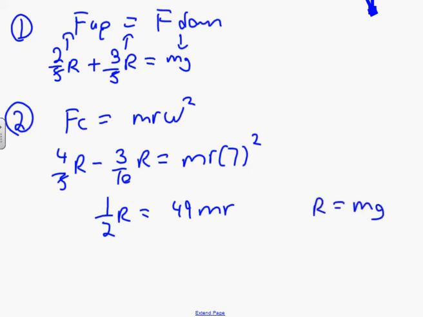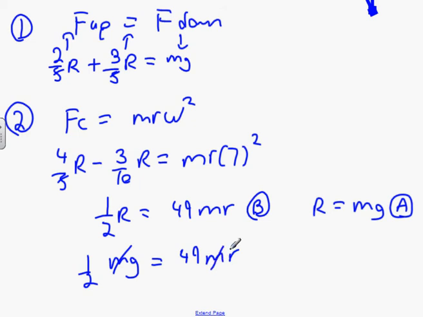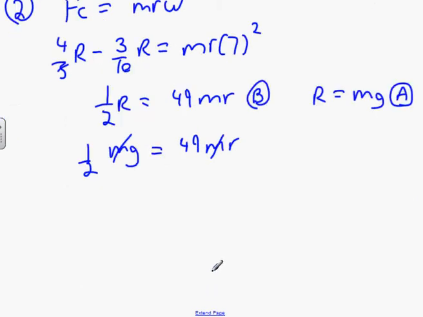Any idea what to do next? Yeah, why not? A half mg equals 49 m r. M cancels, doesn't it? And then it's going to be g over 98, 2 times 49, 98, equals r. R is going to equal 1/10. R equals 1/10 of a meter.